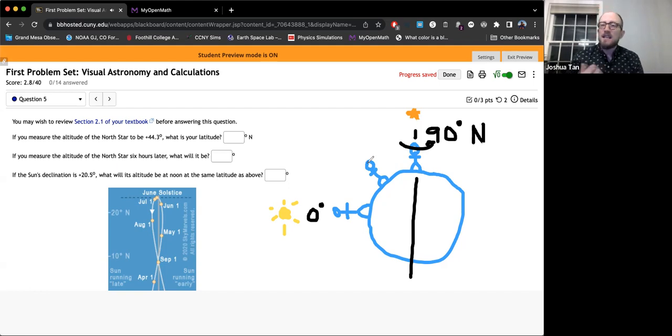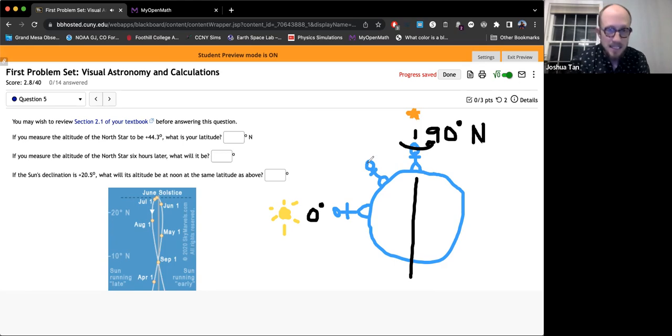If the sun's declination was somehow different, maybe it was further north, then at noon I would see it a little bit further up the sky than 45 degrees. How much further? Well, the amount further would be whatever I would see the sun at with my observation at the equinox, plus whatever declination the sun happened to be.